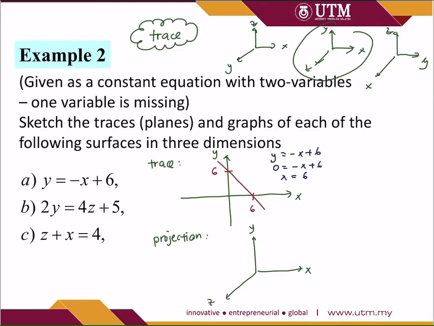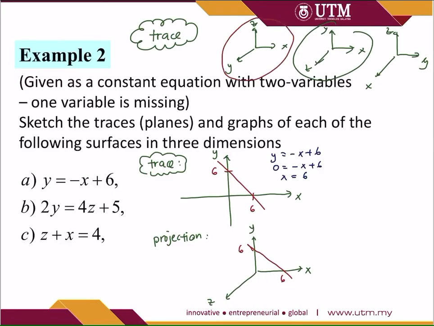From the trace you know that it is on the x and y axis, so you need to sketch also the trace on the projection here. You need to project the trace into the 3D. You know that the graph will be like this, so 6 and 6 here. Let's say you choose a different version, this axis.